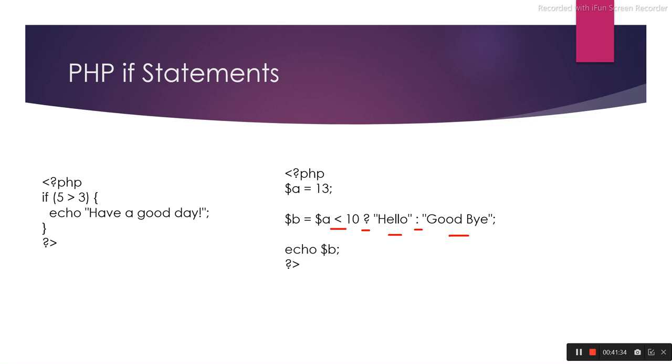First it will check the condition a less than 10. A is 13, right? Is 13 less than 10? No. If it is not less than 10, it will return this value, goodbye. Then this goodbye will be assigned to b, and this statement gets printed, echo b. So goodbye will be printed now. If you want, I will execute this and show you.